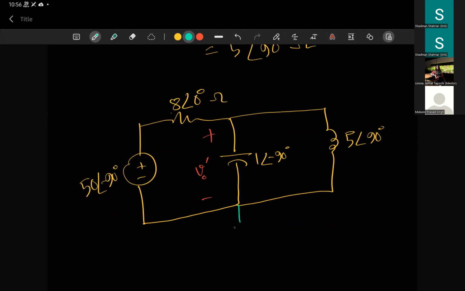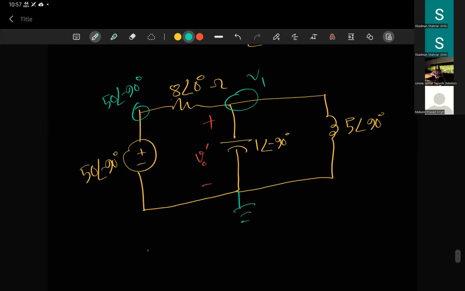Let me do it using node analysis, because this voltage is 50 angle -90 degree volts. And this node, let's call it V1. So we try to write the equation here. V1 times 1 by Z1, remember this is our Z1, our Z2, and this is our Z3.